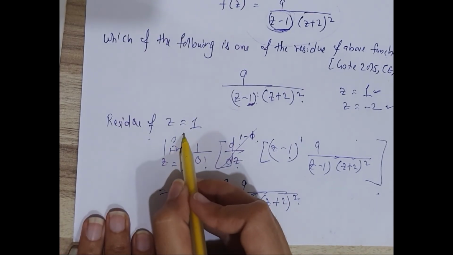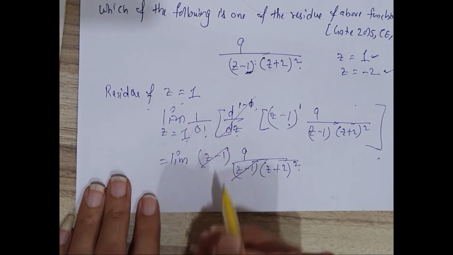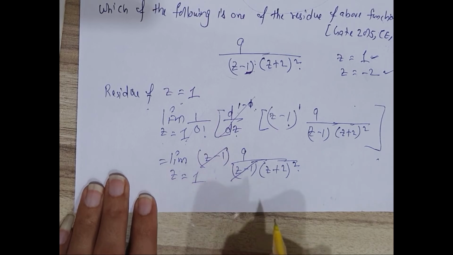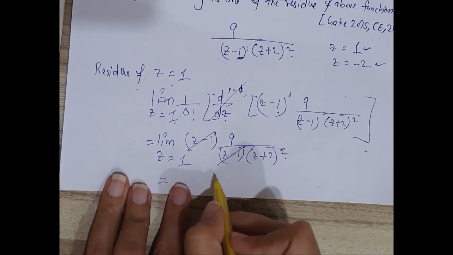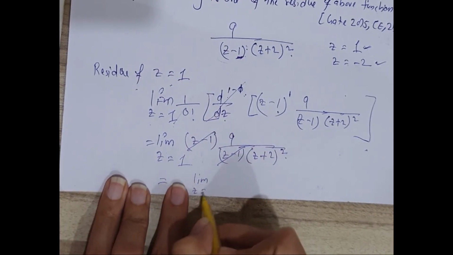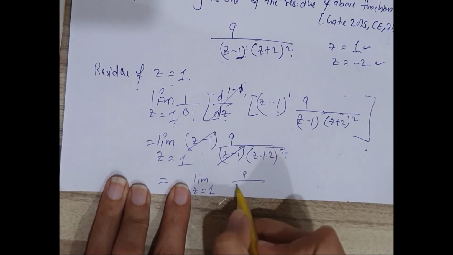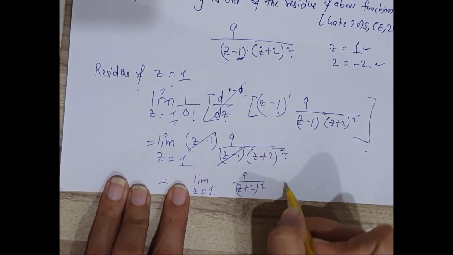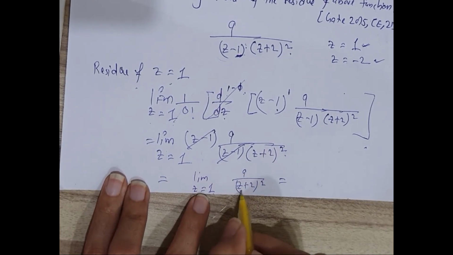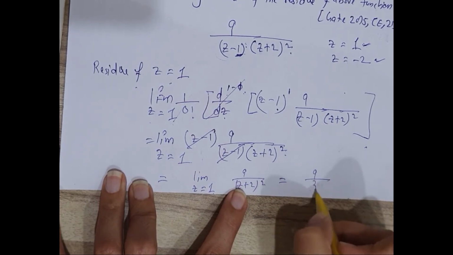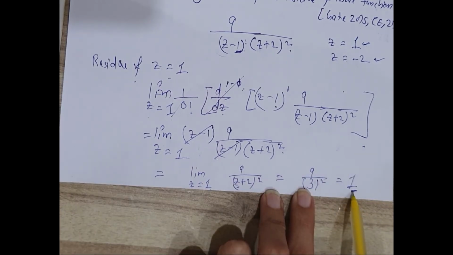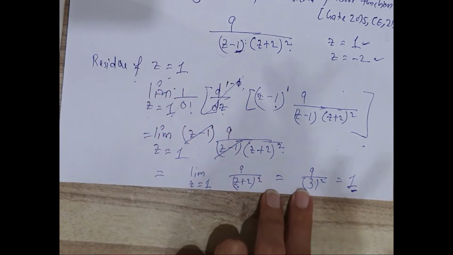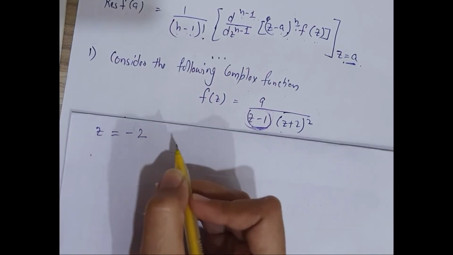We are finding the residue at z equal to 1, so the limit is z tends to 1. Now put z equal to 1 here, and 1 comes out to be the residue at z equal to 1. Now the residue at z equal to minus 2.